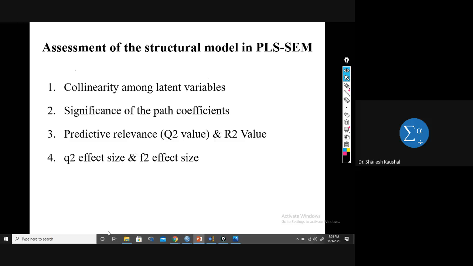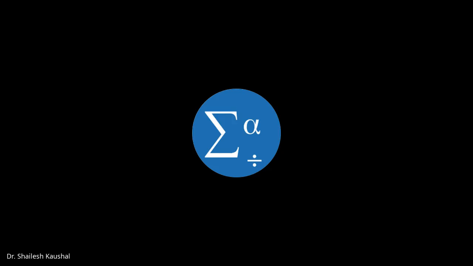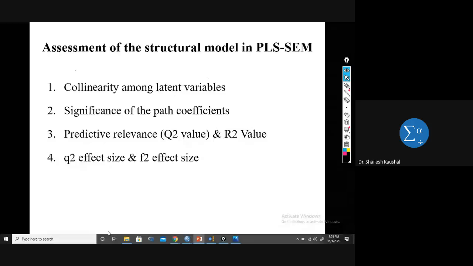And there are two more things: predictive relevance, Q square, and R square, which means variance. Predictive relevance shows whether the model is able to predict something or not. Third and fourth are Q square effect size and F square effect size. Q square effect size is related to predictive relevance, and F square effect size is related to R square, the variance.